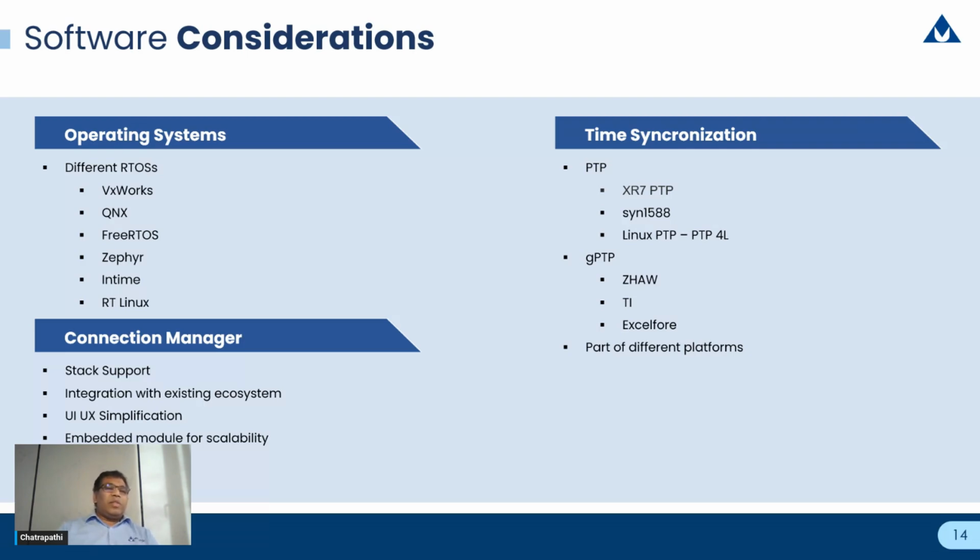So VxWorks, QNX, FreeRTOS, Zephyr, INTIME, RTLinux. These are some of the ones that are available, and there are already OPC UA as well as OPC UA FX implementations ported and executed and being tested on these platforms in some of the prototypes. That's why I have listed these.